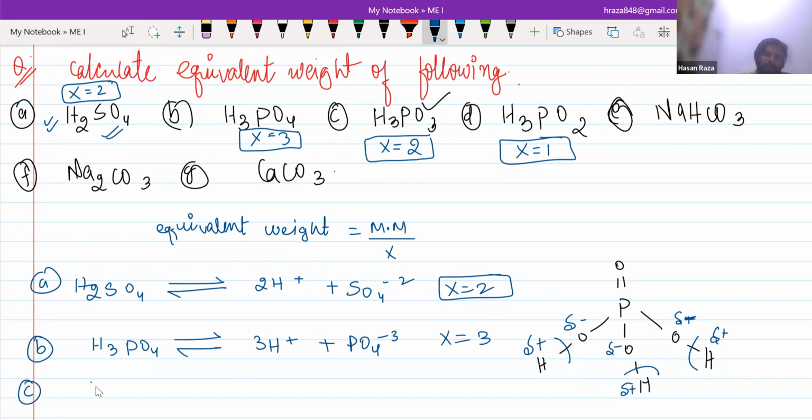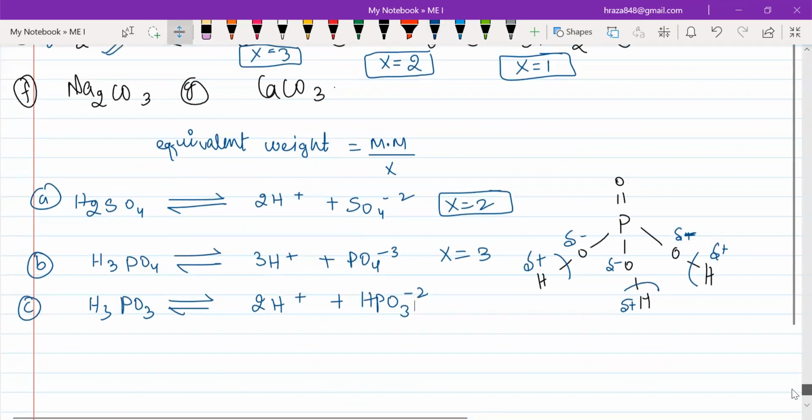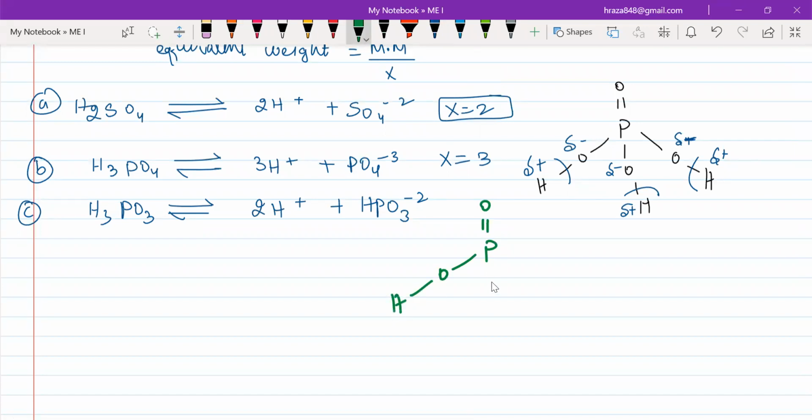When we talk about H3PO3, you can see it will give you only 2H plus, and here it will be HPO3 minus 2. Why is it so? We can explain with the help of the structure. This is the structure of H3PO3.